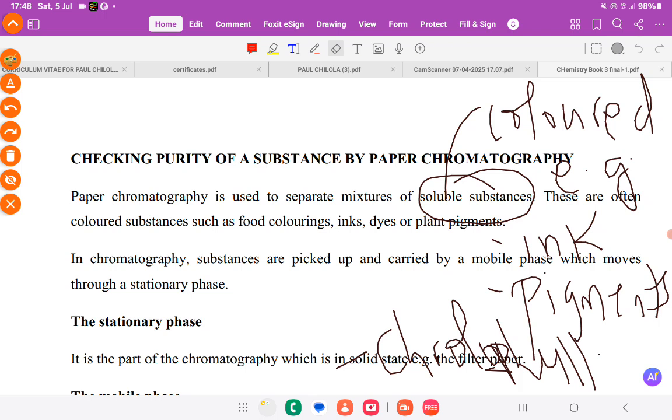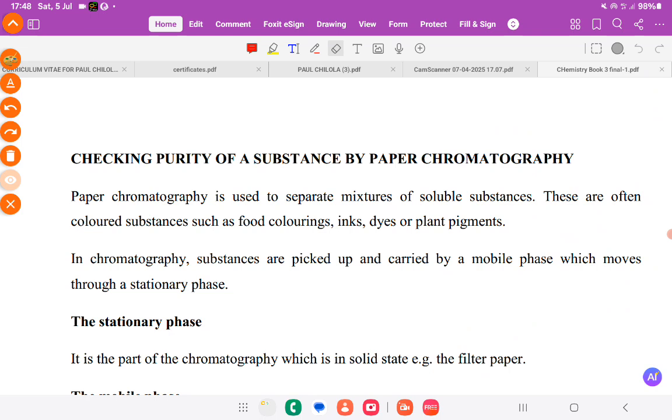Some colored substances are essentially a mixture of two or more substances. Some can be deceiving. For example, when you look at black ink, your black pen, it seems to be one color. But upon analysis, you find that it contains more than just one color.